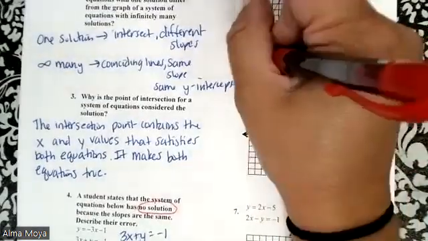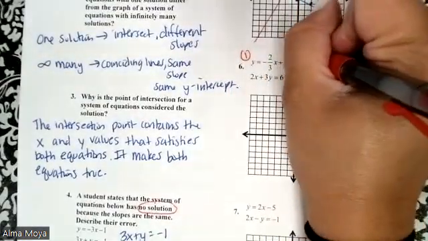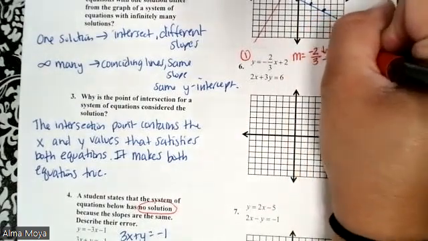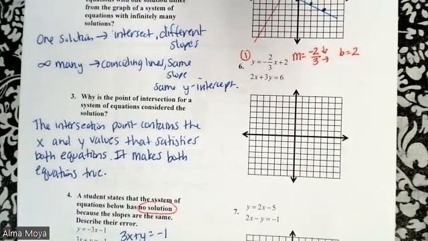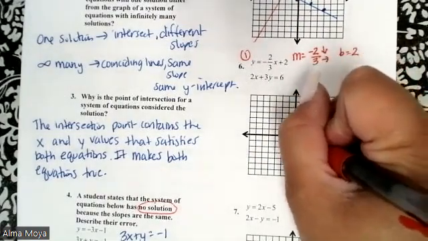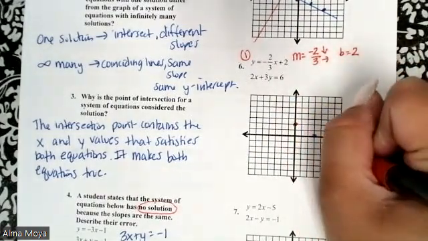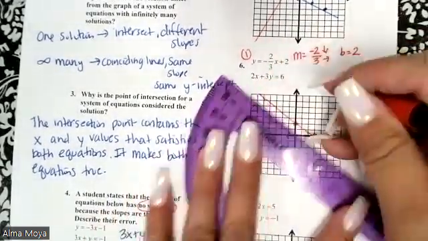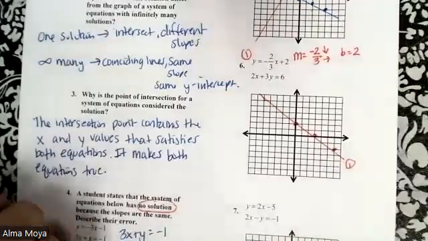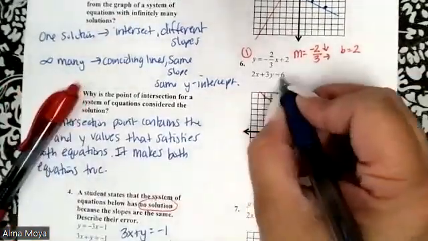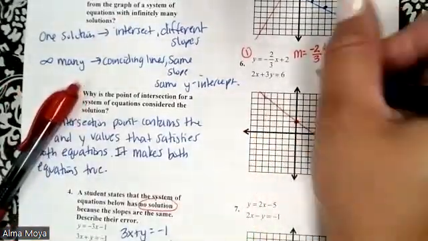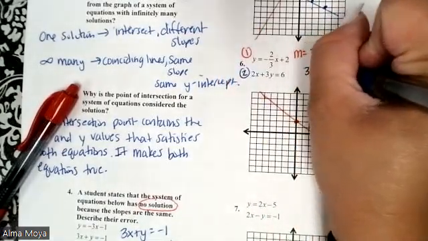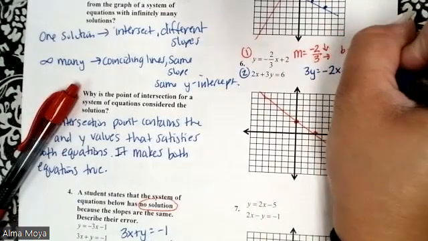On the next one, right here, my m is going to be a -2/3, which means down 2/3. My y-intercept's going to be the number 2. Down 2, 3, down 2, 3. On this one, if I subtract 2x from both sides, I'm left with 3y equals -2x plus 6.